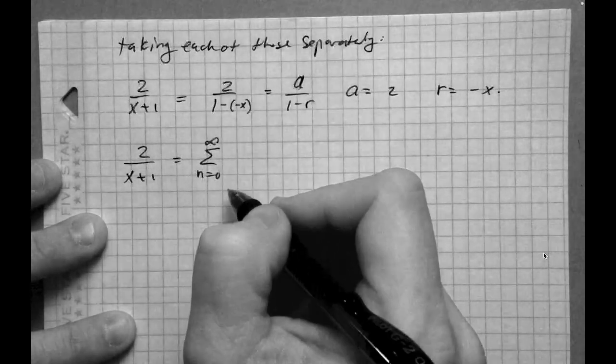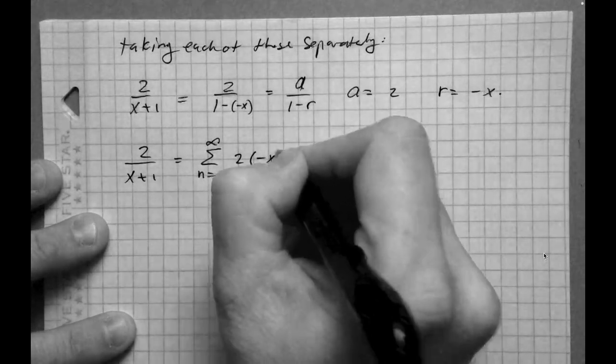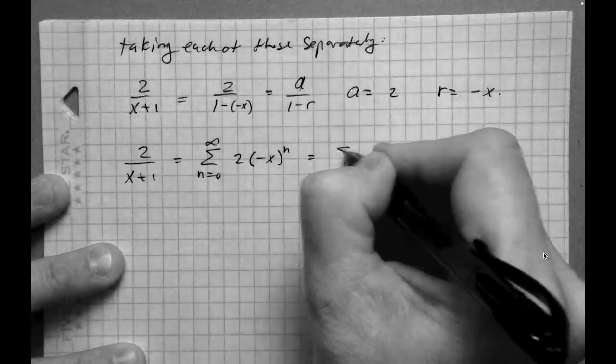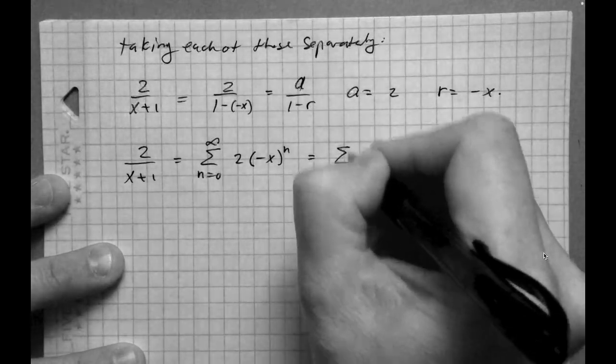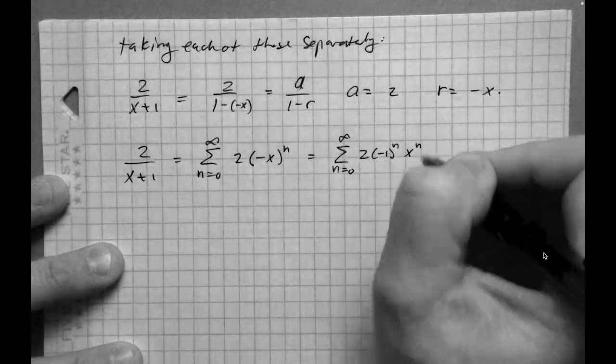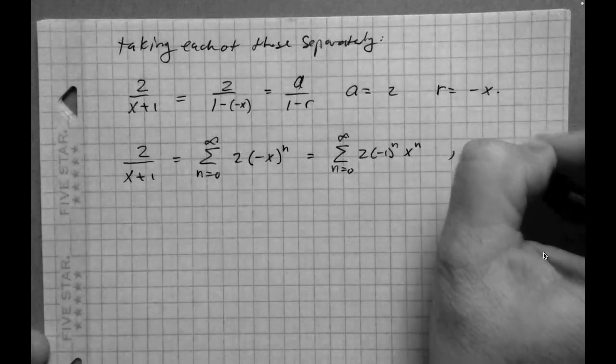Again, it's just ar to the n, so it'll be 2 times negative x to the n. Right, and probably a better way to write this would be the sum from n equals 0 up to infinity of 2 times negative 1 to the n times x to the n. Okay, and this is true when absolute value of x is less than 1.